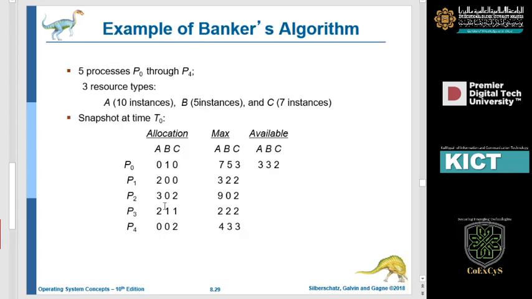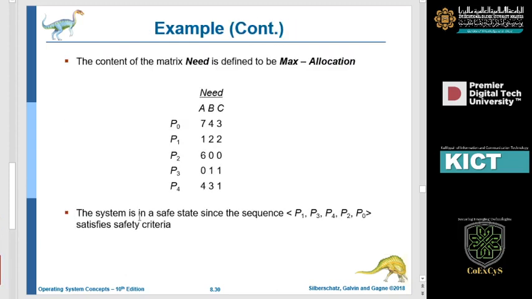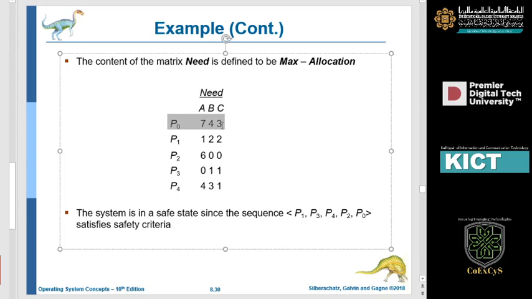If we look at this current snapshot at time t0, the maximum that the process requires is 7 5 3, and currently allocated is 0 1 0. So how much more does it need? It needs 7 of A, 4 of B, and 3 of C, so 7 minus 0, 5 minus 1, and 3 minus 0. So you can see P0 has 7 4 3.